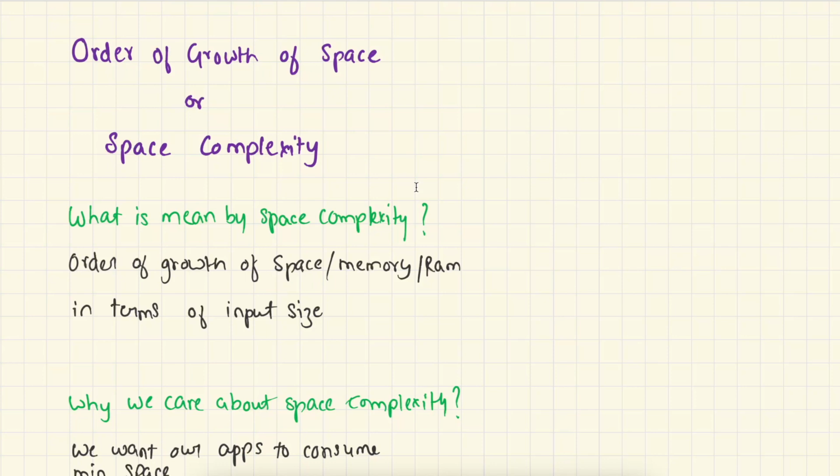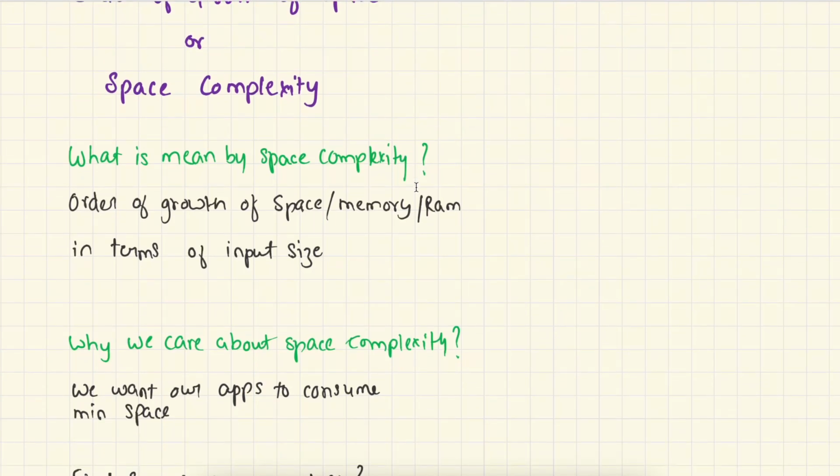And we want our programs to take minimum space. And we want our program to use the space efficiently also. Why? Let's say you have developed an application and it is consuming all the memory. It means you do not have memory left for the other applications. How other application is going to run without the memory? And nowadays we run multiple applications at the same time.